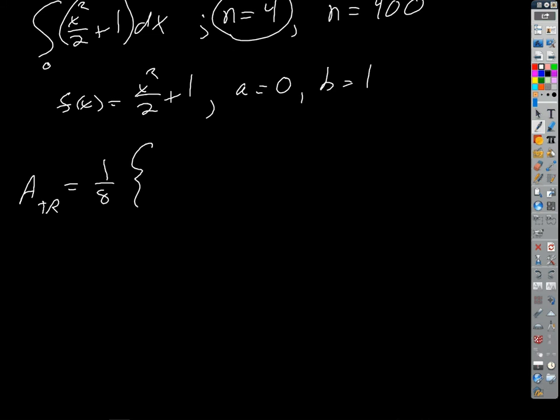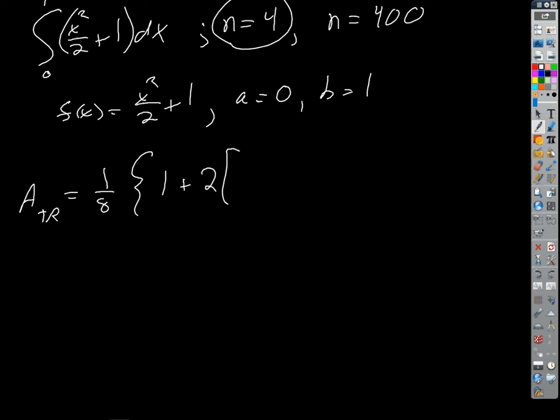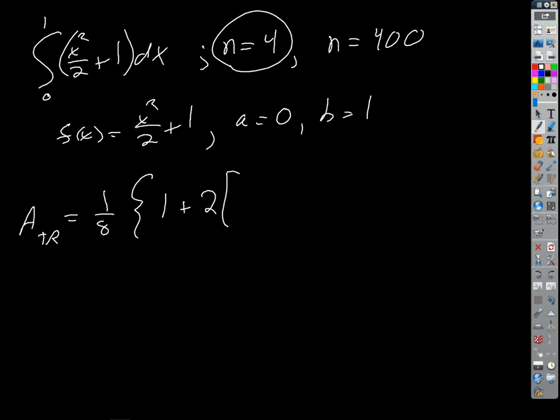So f of a is our first one. What's the value of our function at 0? 1. Plus, what's the value of our function going to be at 1 delta x, if we break this into 4 parts? Because x sub i is just a plus i delta x.